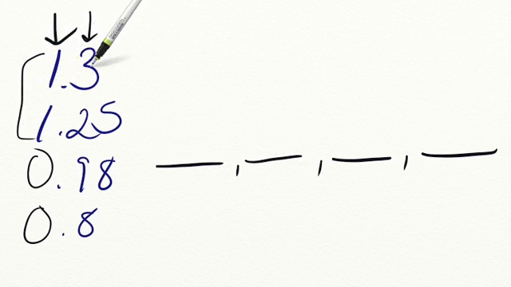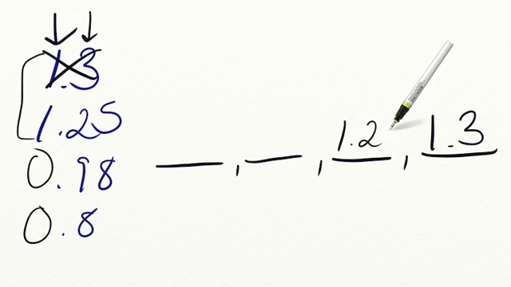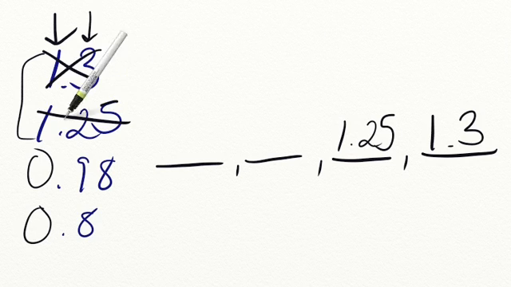And since 1 and 3/10 has a 3 in the tenths place, which is larger than that 2, that means that 1 and 3/10 is our largest number. So now I'm going to cross that out. And our second largest number is going to be 1 and 25 hundredths because it's the only number that's left that has a 1 in the ones place. And I'm going to cross that out.